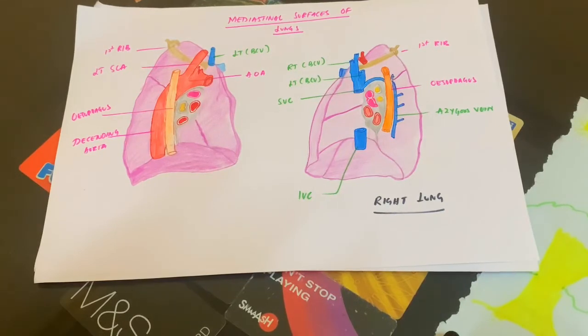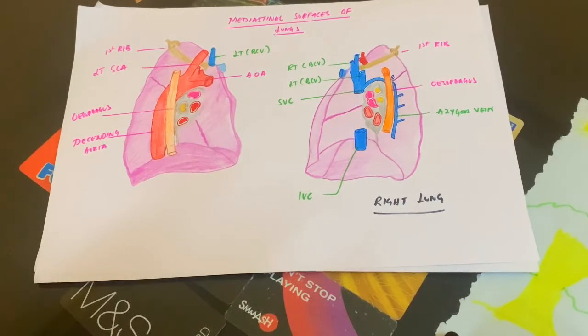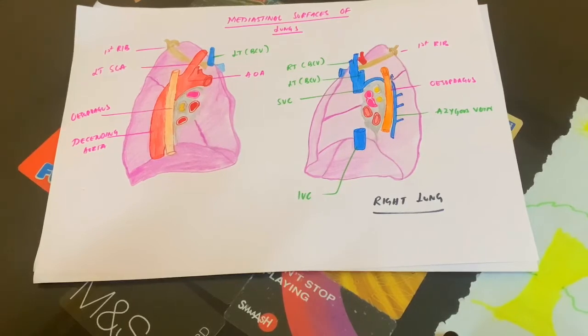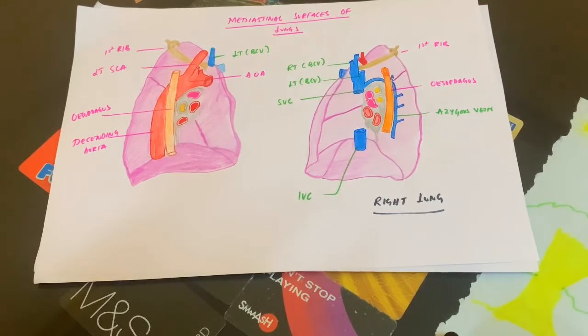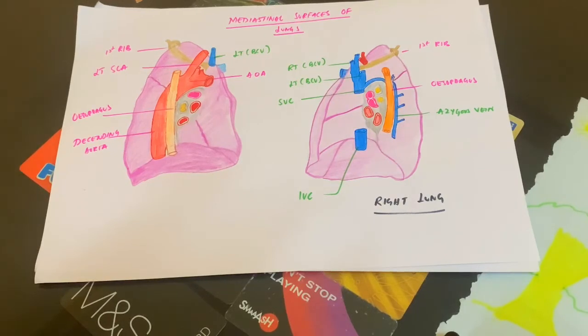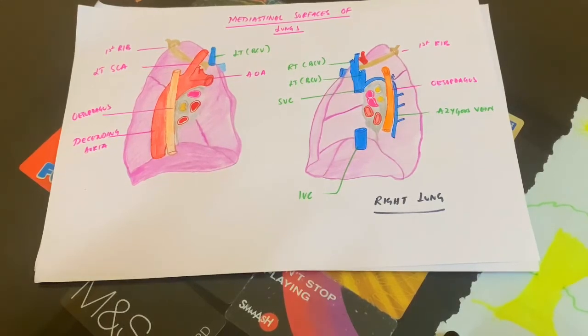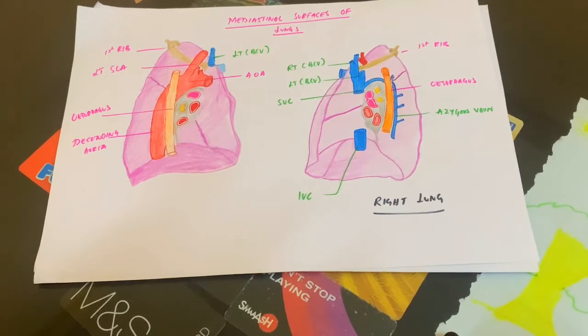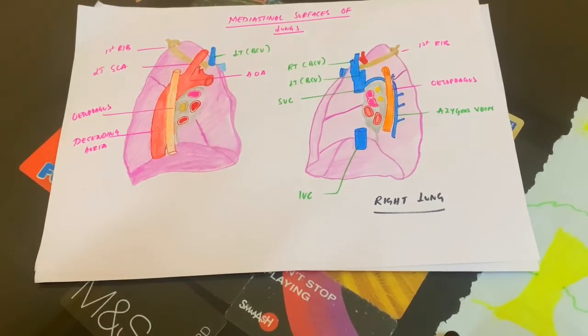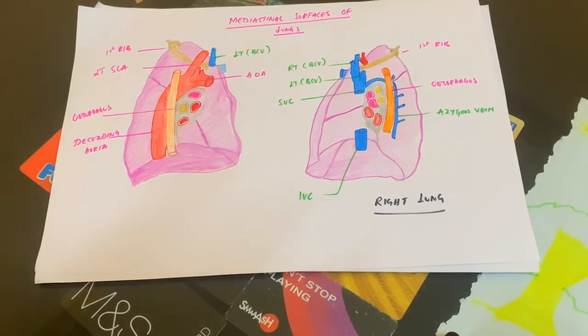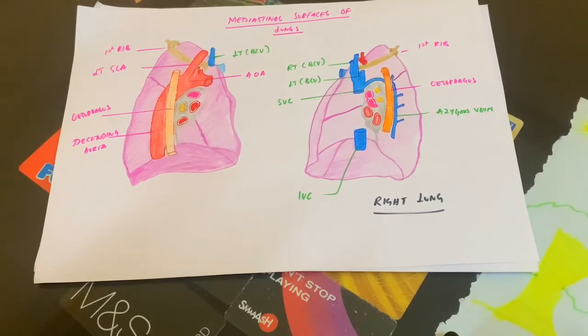From above downwards, first we will have the left principal bronchus, then the pulmonary vein, then the pulmonary artery.